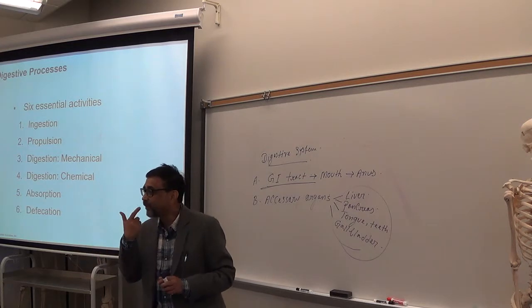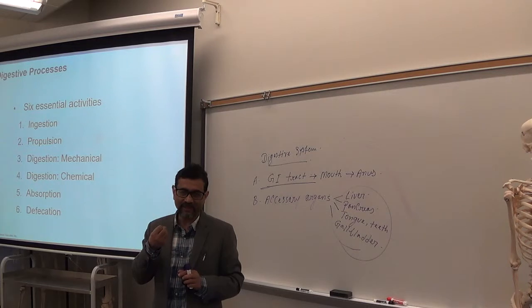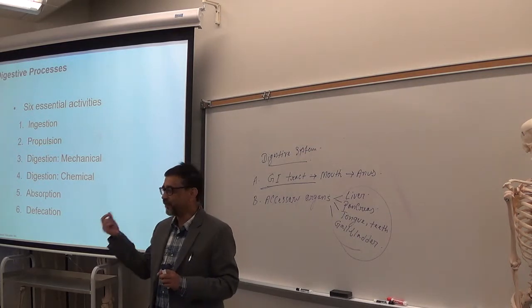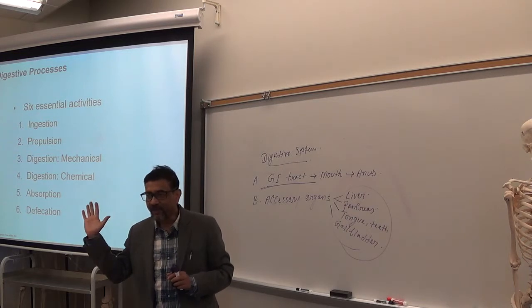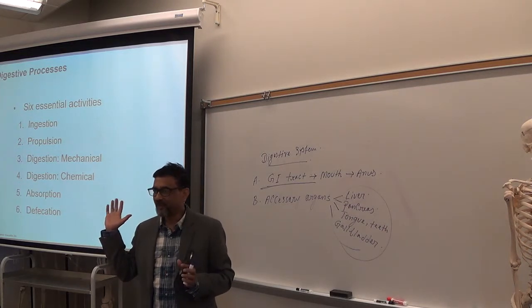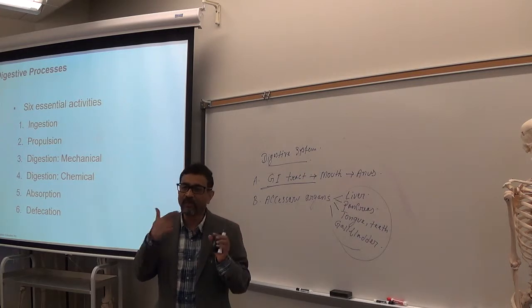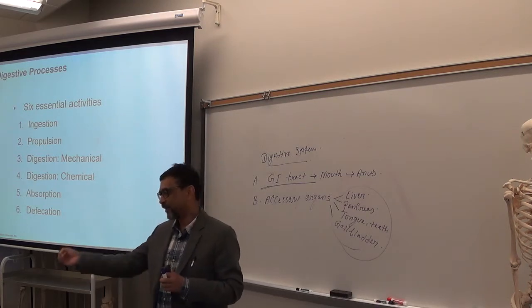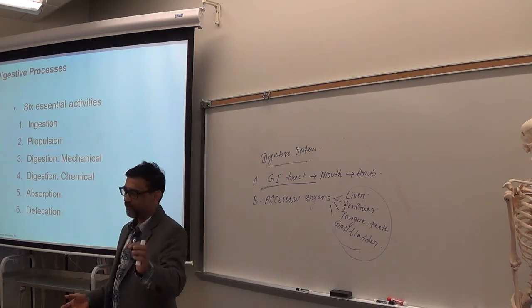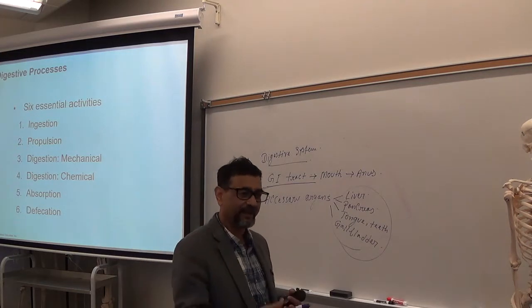Now also inside the mouth, what happens? Secretion of saliva. You know that, right? So saliva has the chemicals that also break the food. So that is chemical or mechanical? Chemical. So both mechanical and chemical digestion or breakdown of food occur inside the mouth. Is it clear? So saliva, chemical; by pressure, by the teeth, cutting, chopping, crushing, mechanical.